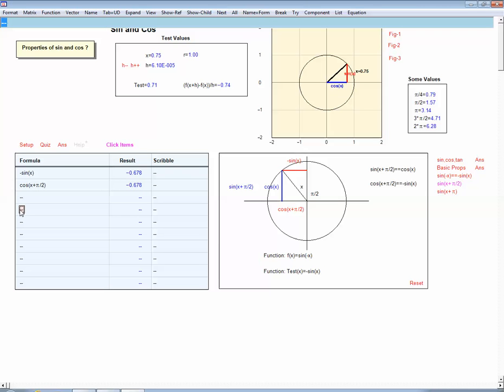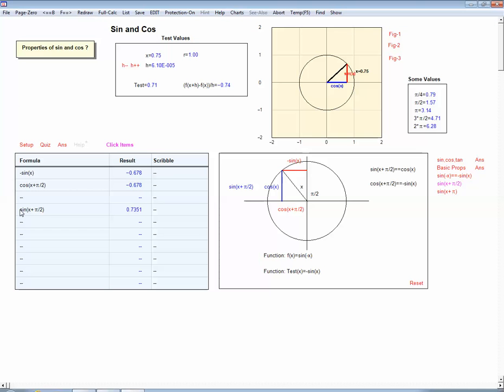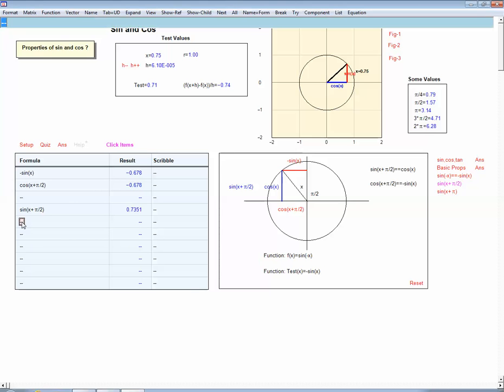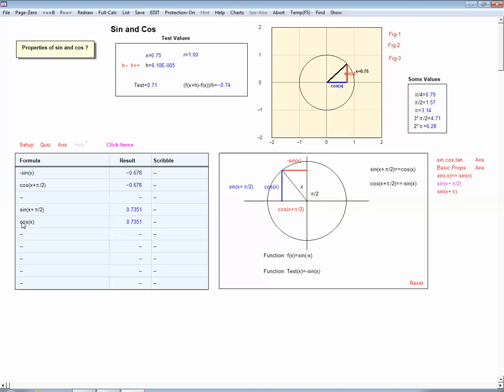So we have this equality. The sine of x plus pi over 2 is going to be the same as the cosine of x. Same thing. All right, so that's another useful identity.